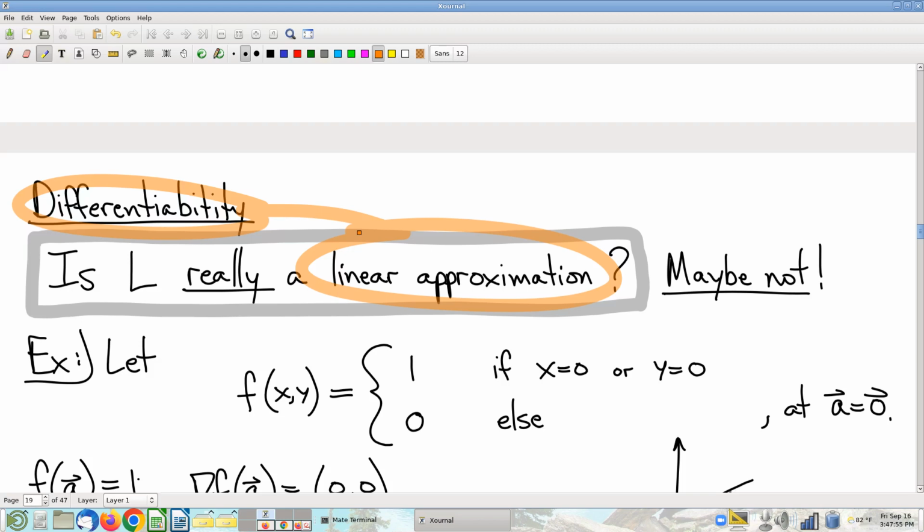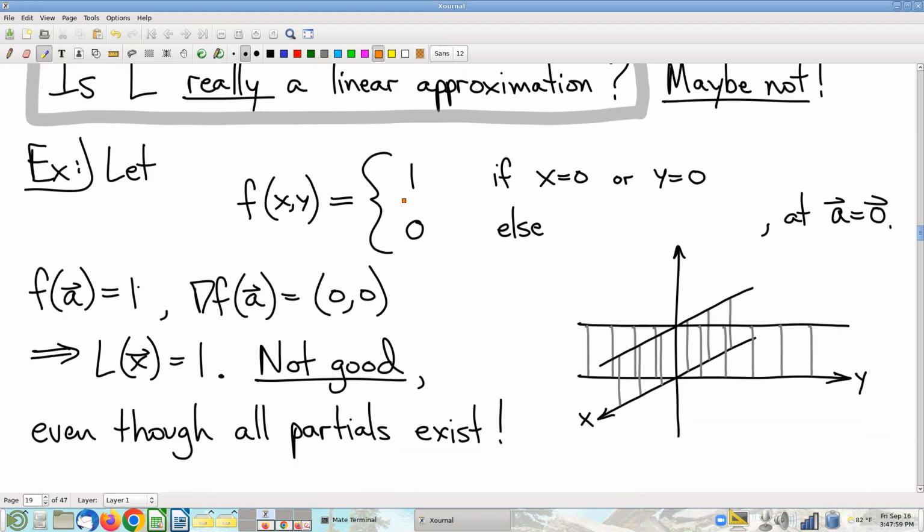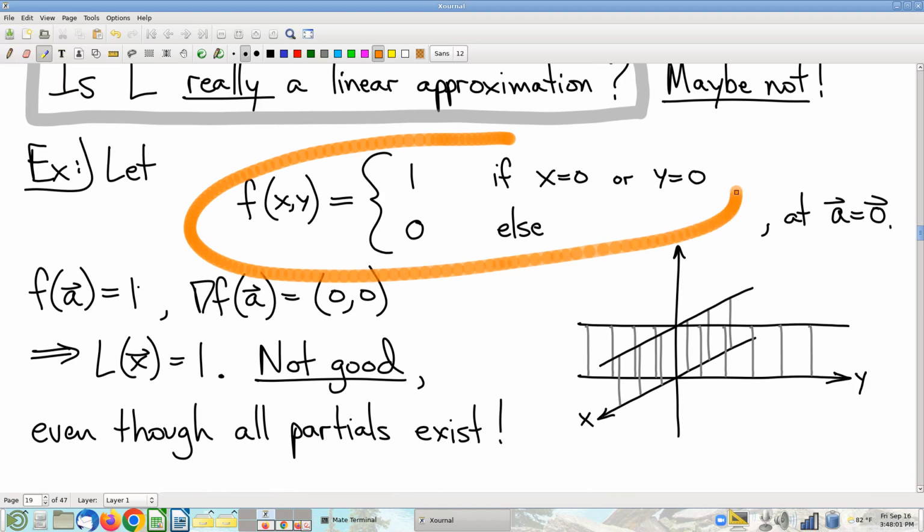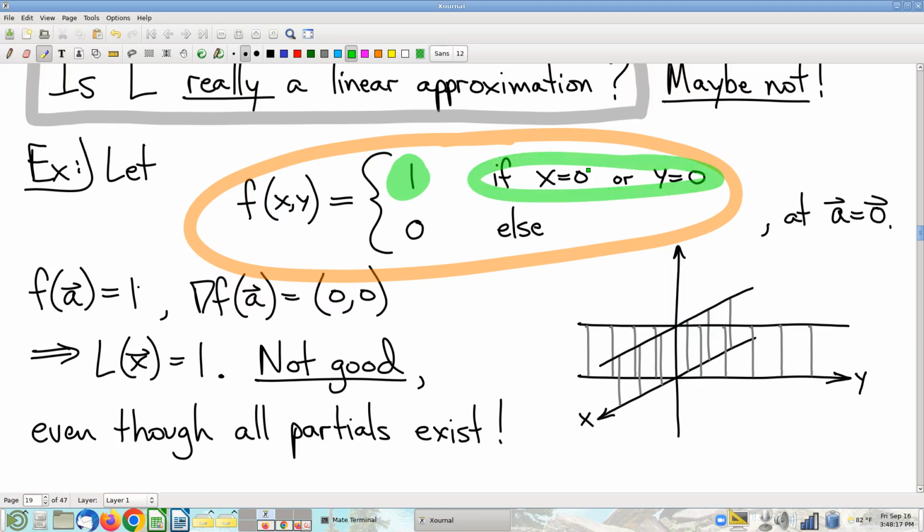Okay, so let's start with this function right here. Defined by that weird little, I hesitate to call that a formula. So it's a rule of assignment, but not exactly algebra. And notice the value of the function is 1 if you're looking directly above one of the axes, and the value of the function is 0 everywhere else.